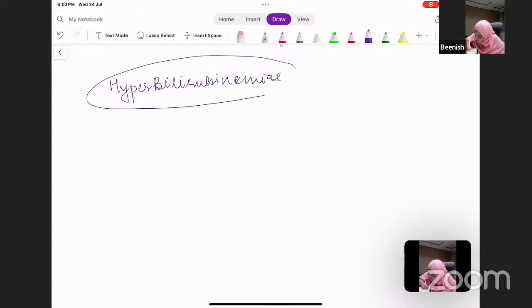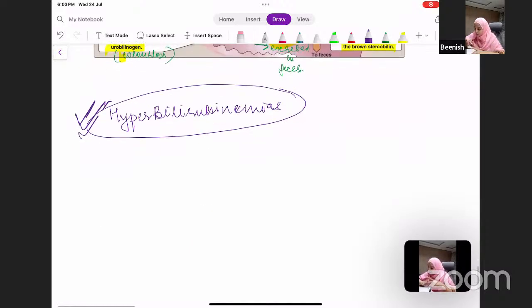So this we are going to discuss in the next class. We've seen how heme is degraded, how it is converted into bilirubin, and how it is excreted. Now we're only left with the clinical portion, that due to certain reasons, sometimes your bilirubin levels may be elevated in the body. So we're going to talk about this the next class quickly before we begin with our next class topic.